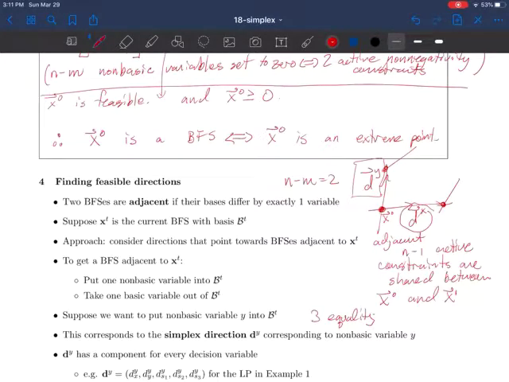The three equality constraints always must be shared because we have to satisfy both. They're both basic solutions. They have to satisfy all equality constraints. There are two constraints left, so one of them must be common. When I say two constraints less, I mean two active constraints less. So they must have one common active non-negativity.